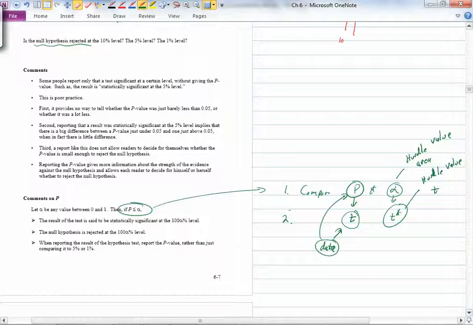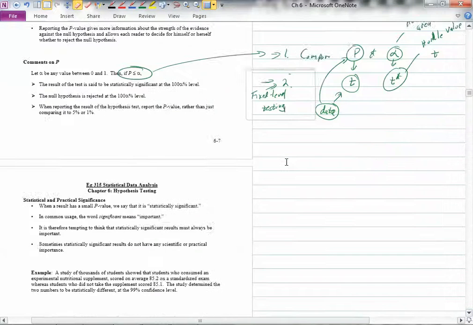Both of these ways of doing it are legitimate. The first one we call the p-value method. The second one we call fixed level testing. They're just slight variations of each other.